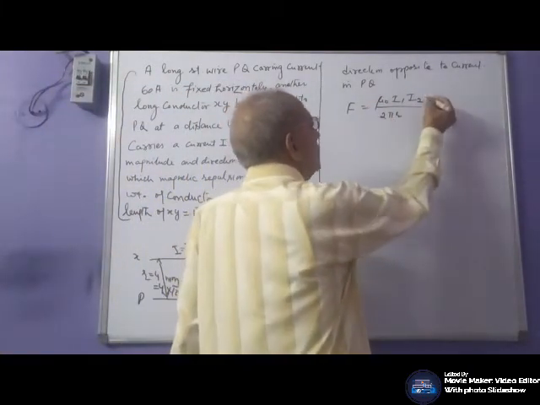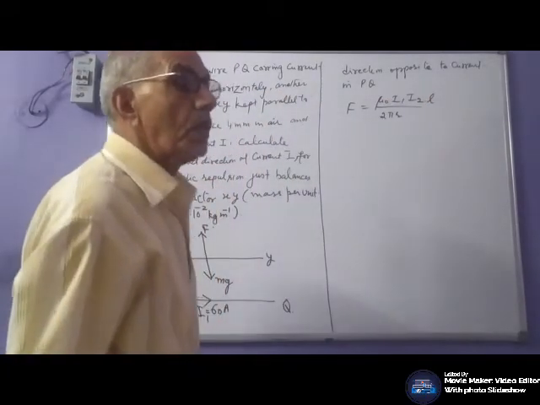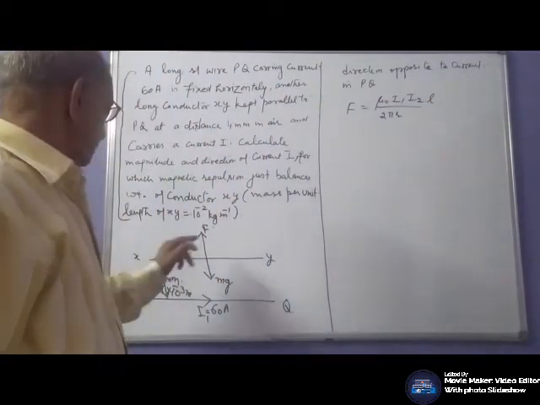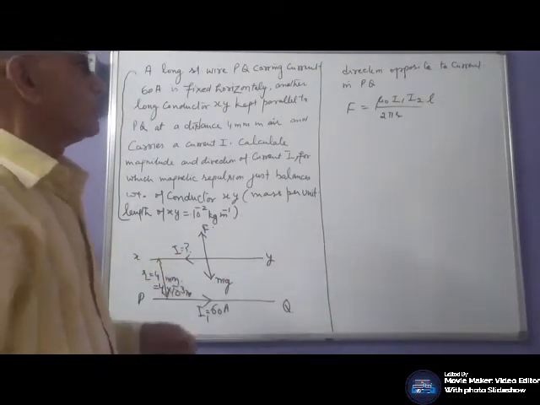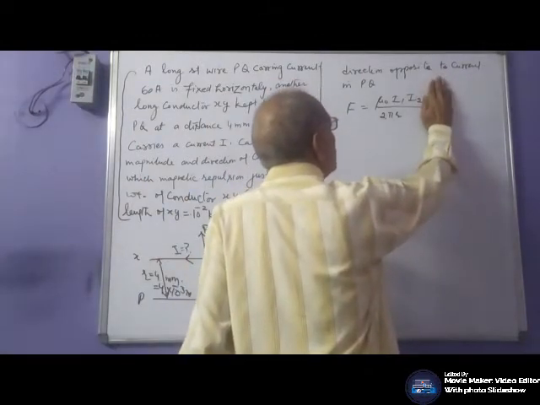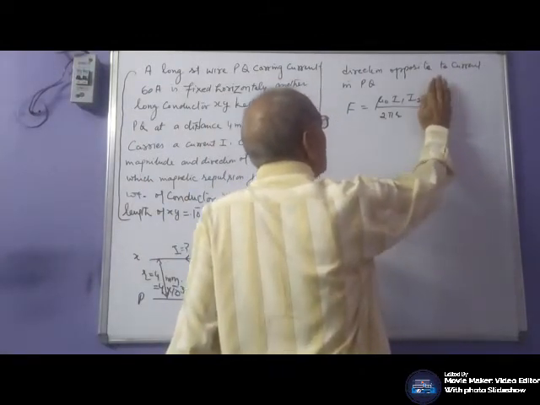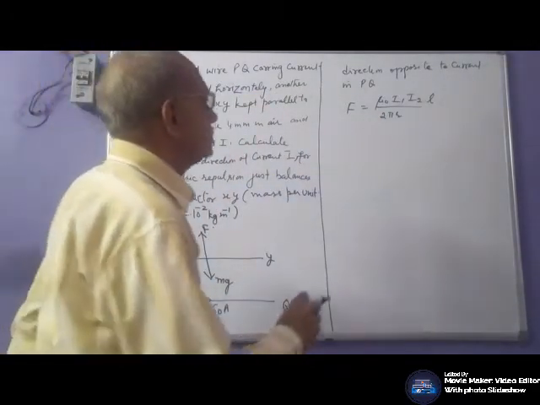This is force per unit length. This is force on length L. Say this is length L. We have read force per unit length, mu naught I1 I2 over 2 pi r. So force on this length is this.